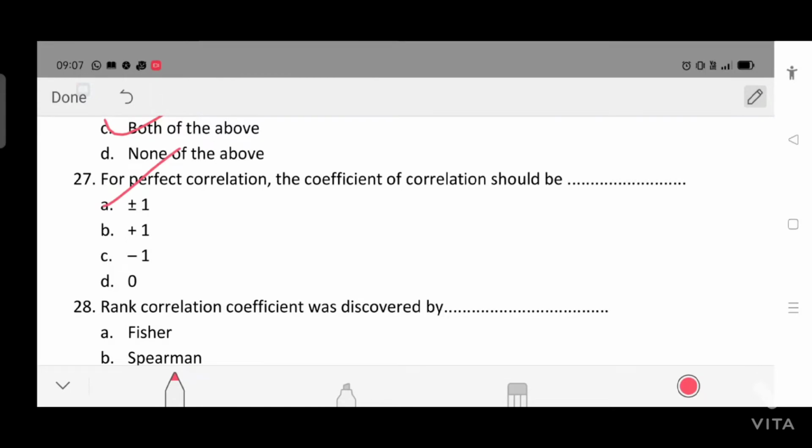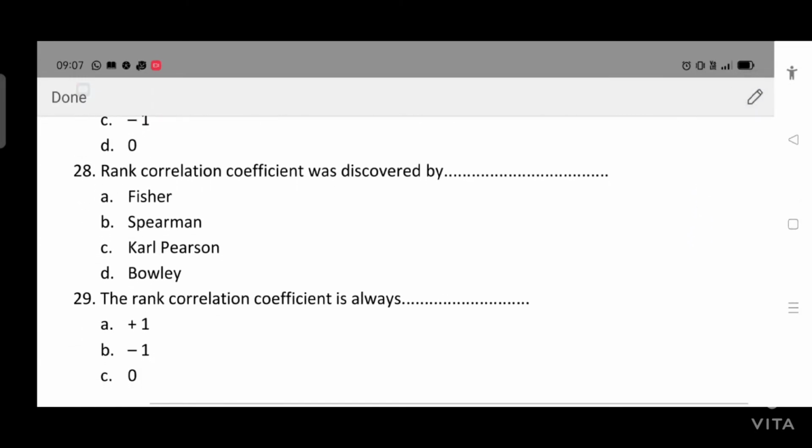A. Positive or negative 1. The rank correlation coefficient was discovered by A, B, C, D. Answer B, Spearman.